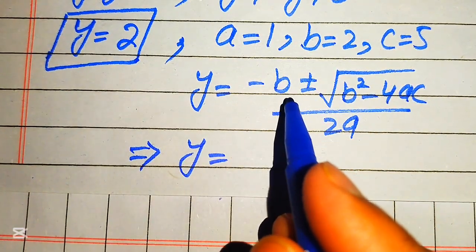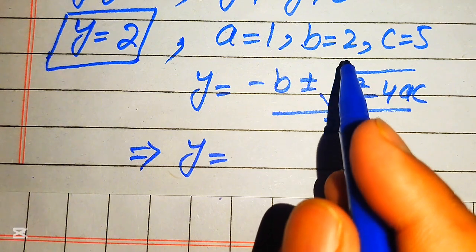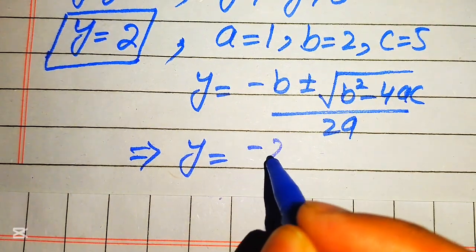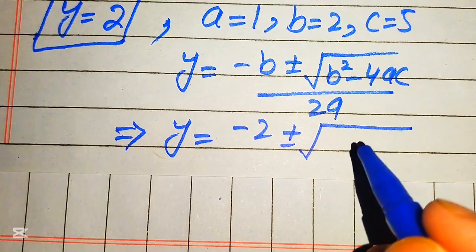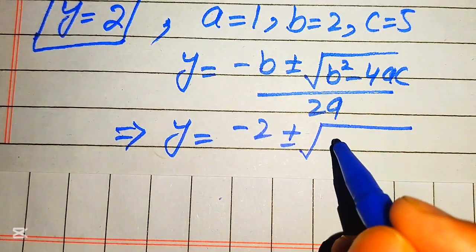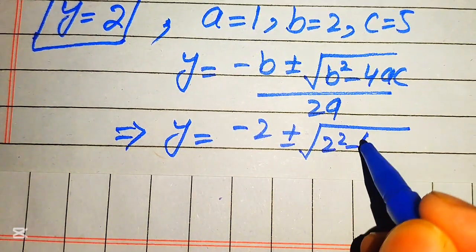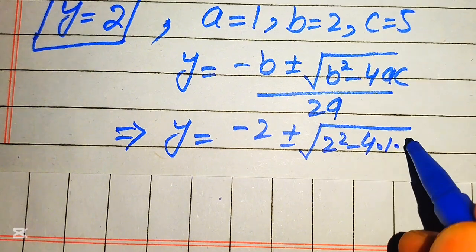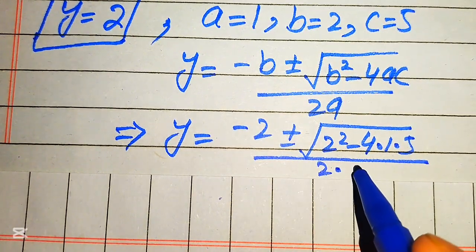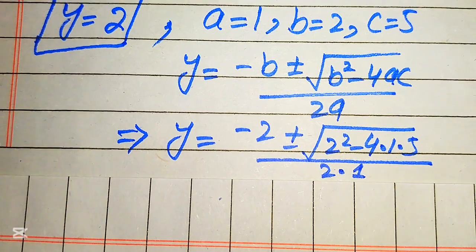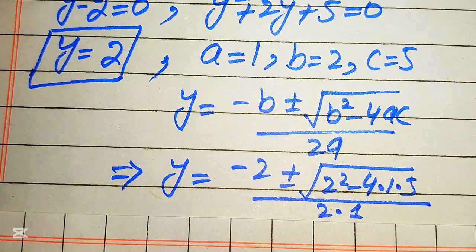So now we put the values of a, b and c in this formula. Here you have first the value of b, it is equal to 2. When we put it here, it becomes minus 2 plus minus square root of b square. So b is 2, so we write 2 square minus 4 times a is 1 and c is 5, divided by 2 times a. Here our a is also equal to 1.